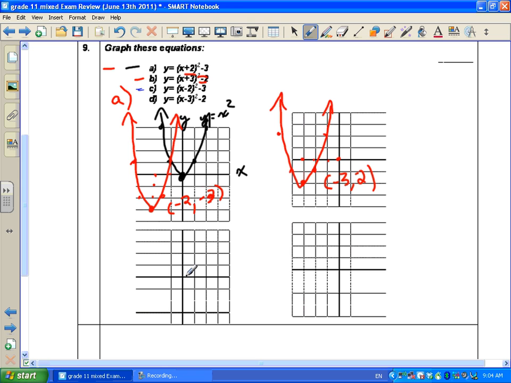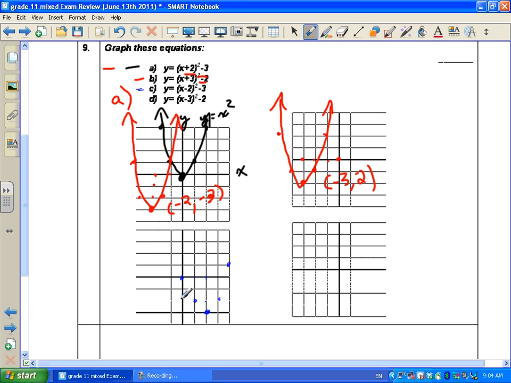Question C. Same idea. We start at the origin. As h is negative 2, I go to the right 2 units. And then k is negative 3, 1, 2, 3 downwards. Here's our new vertex. When you draw these, you can't just draw the vertex.